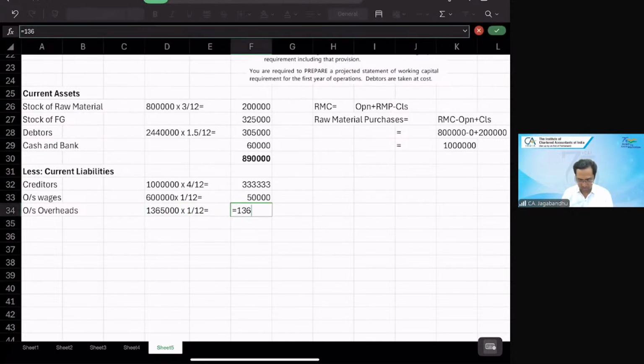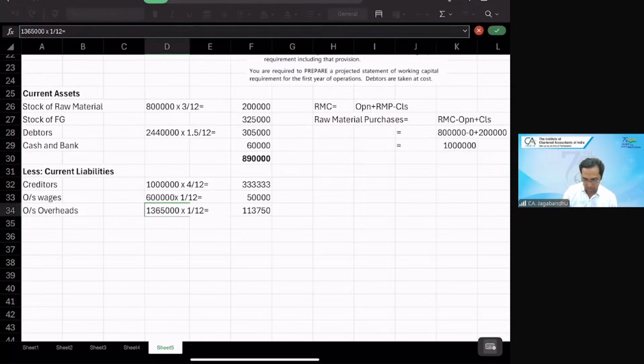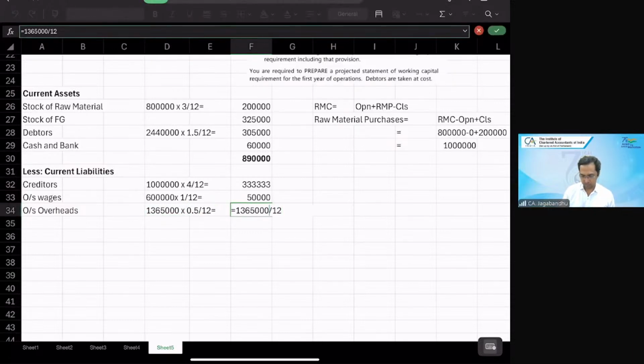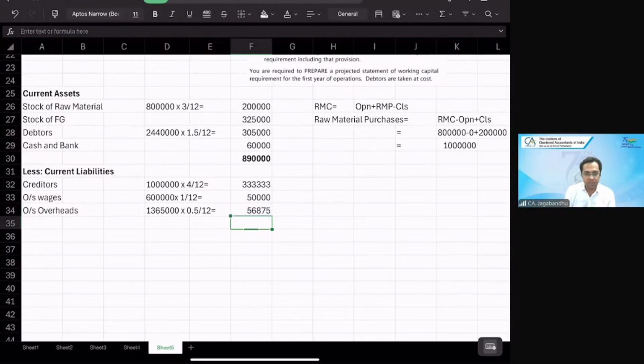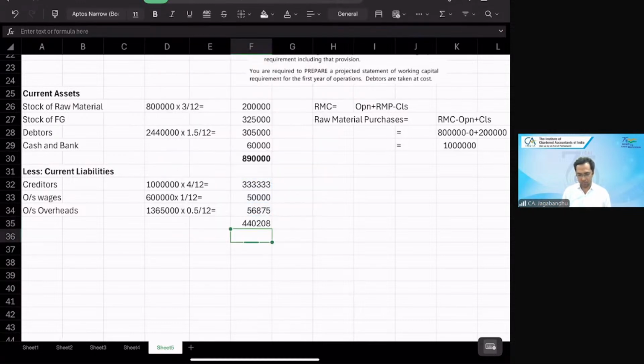Sorry, it's 0.5 by 12, because the question says it's half a month. So 13 lakh 65,000 into 0.5 by 12 is 56,875. And then we take a total of current liability to be 4,40,208.